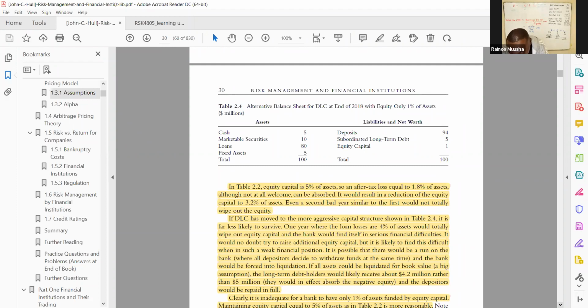So it would no doubt try to raise additional equity capital, but it is likely to find this difficult when in such a weak financial position. So it is possible that there would be a run on the bank and the bank would be forced into liquidation. So if all assets could be liquidated for book value, the long-term debt holders would likely receive about 4.2 million rather than 5 million, and the depositors would be repaid in full as well.